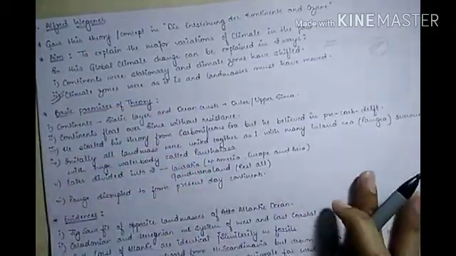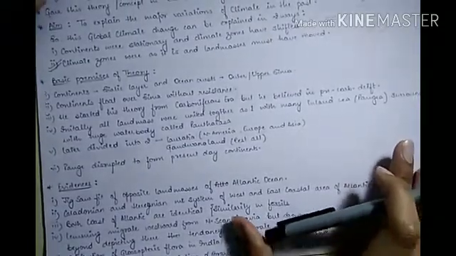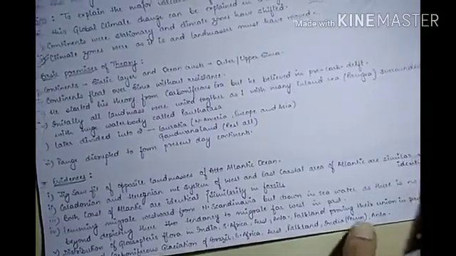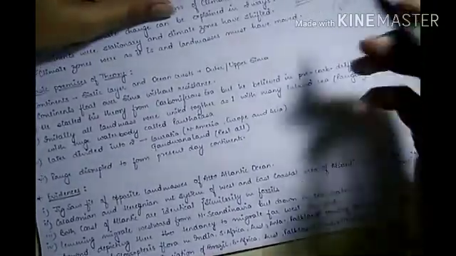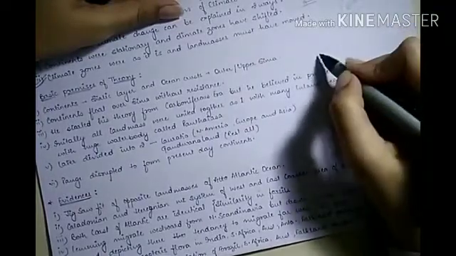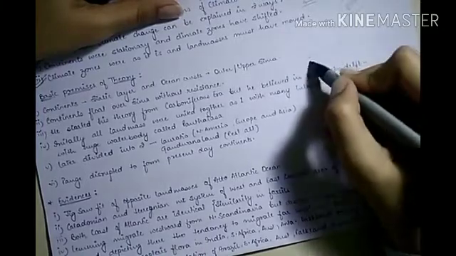So what were the basic premises of the theory? He formed some basic premises. To explain his theory, he said that there is a Sial layer and there is a Sima layer.